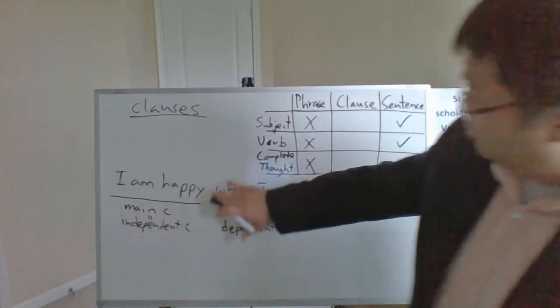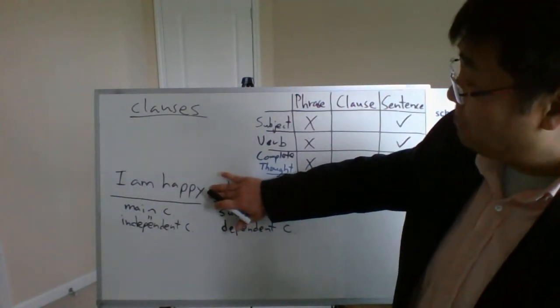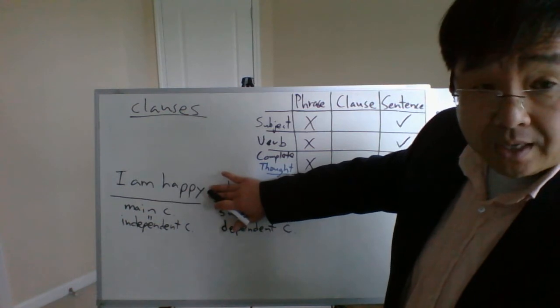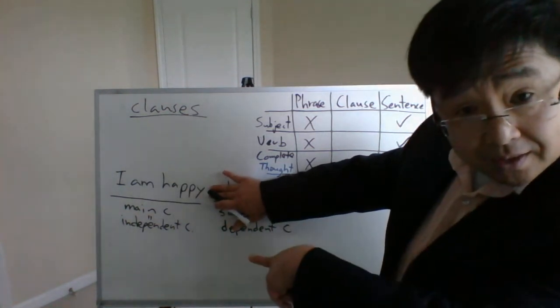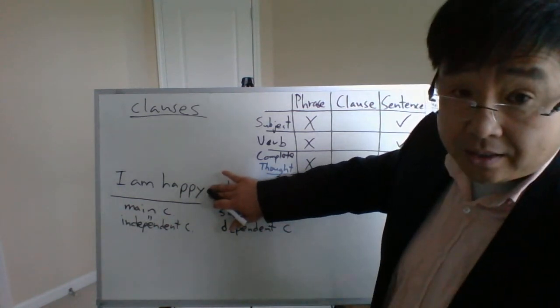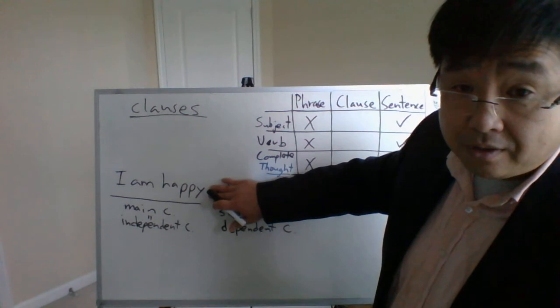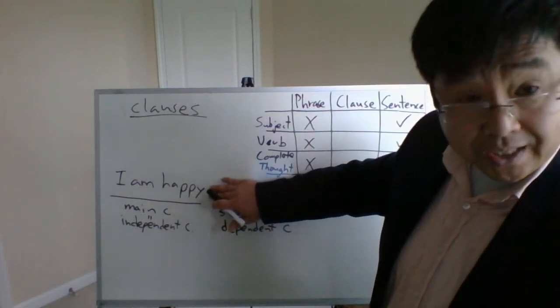When I cover up this second clause, this dependent clause, I'm left with I am happy. Can I am happy be by itself and be a sentence? Yes or no? Yes. I am happy is a perfectly good sentence.